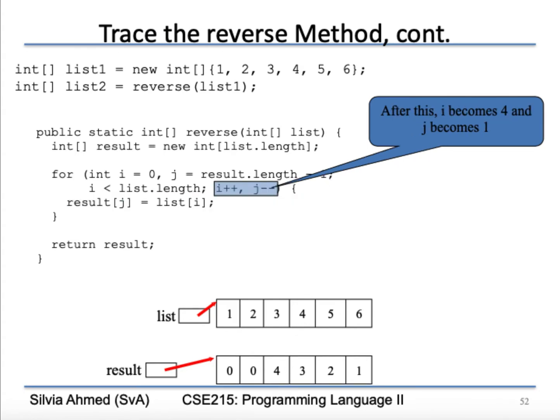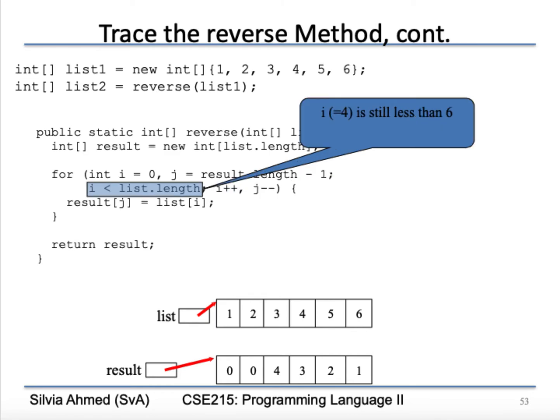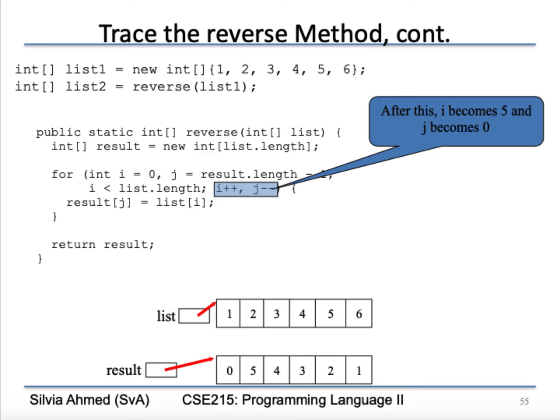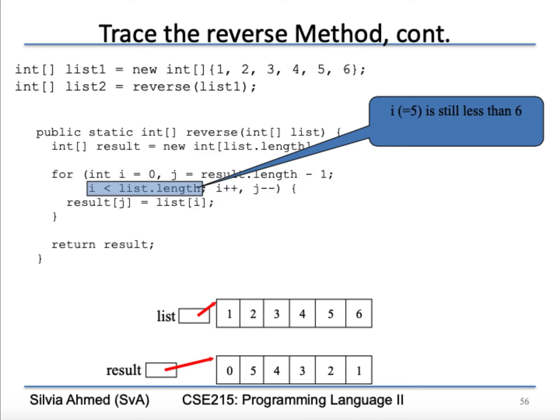Similarly, i plus plus and j minus minus, so i becomes 4 and j becomes 1. Again it is less than 6. Then list at 4 is assigned at j, 1. So 5 is assigned here, and then i plus plus, so i becomes 5, j becomes 0.